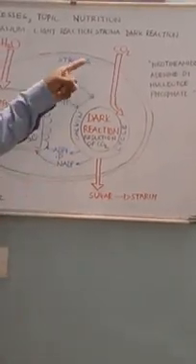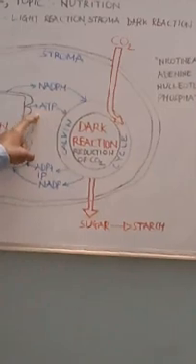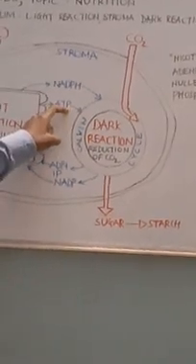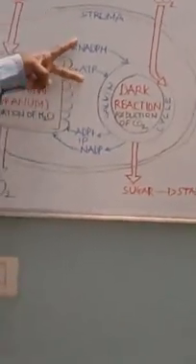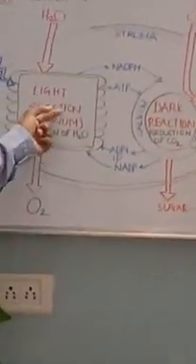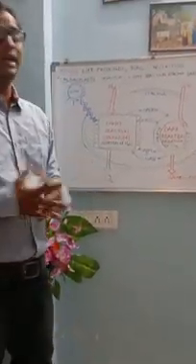The full form is nicotinamide adenine dinucleotide phosphate. And another chemical energy is in the form of ATP, that is adenosine triphosphate. So these are the two end products of this light reaction: synthesis of NADPH and synthesis of ATP.